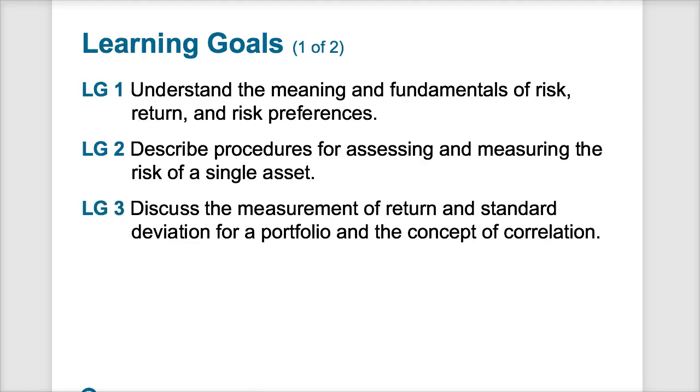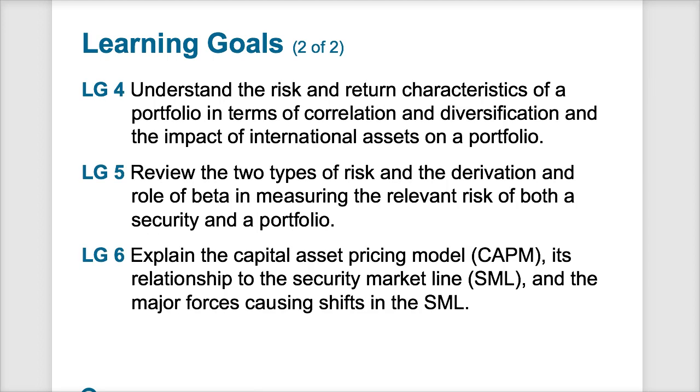In this chapter, I want to introduce risk, its relationship to return, and talk about some risk preferences. I want to talk about how to measure the risk of a single asset and discuss the measurement of portfolios using statistical measures like standard deviation and correlation.